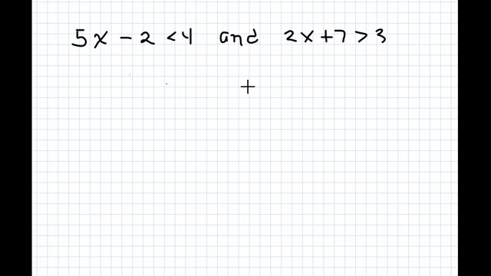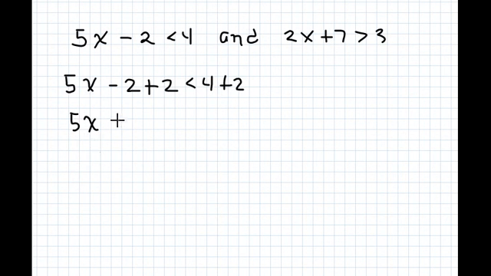So what we're going to do is work on each one of these separately, and let's get rid of this minus 2 in here. You should know the drill by now. 5x minus 2 plus 2 is less than 4 plus 2. So we're adding 2 to both sides, and we have 5x is less than 6.